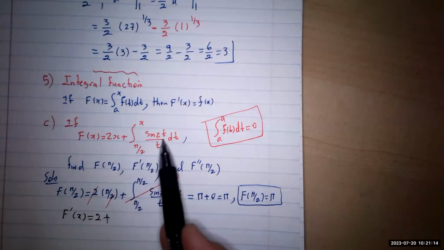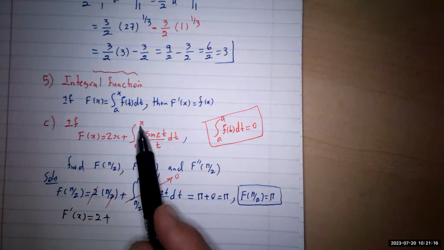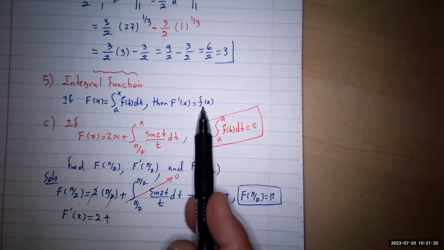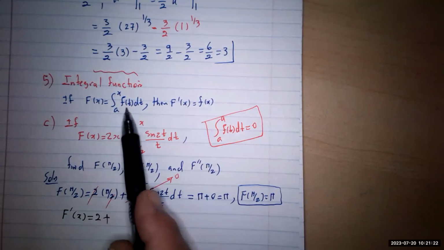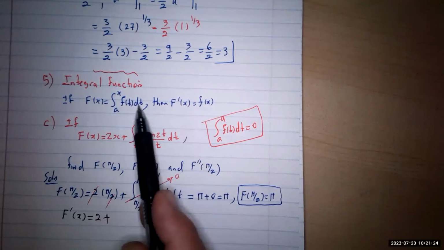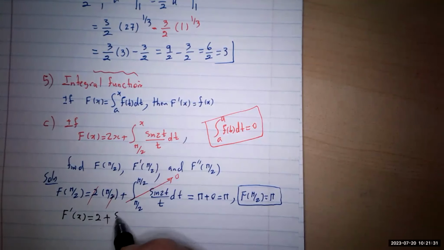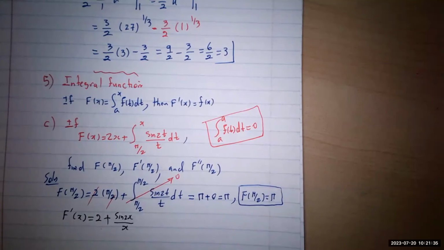You drop the integral, replace the t by x, because the derivative of the antiderivative of a function is just the function. Okay, it's going to be plus, replace the t by x, so that gives sine of 2x over x. That's f prime of x.